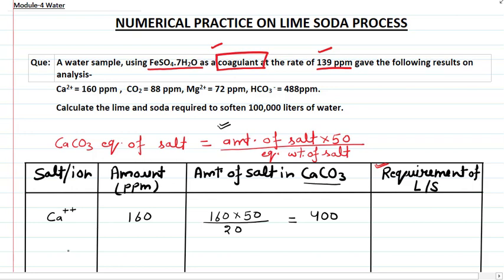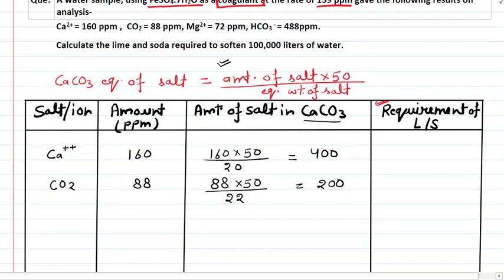Then next we have CO2, carbon dioxide. The amount given is 88 ppm. By placing all the values, we have 88 multiplied by 50 divided by its equivalent weight, which is 22. We get 200 ppm calcium carbonate equivalent.